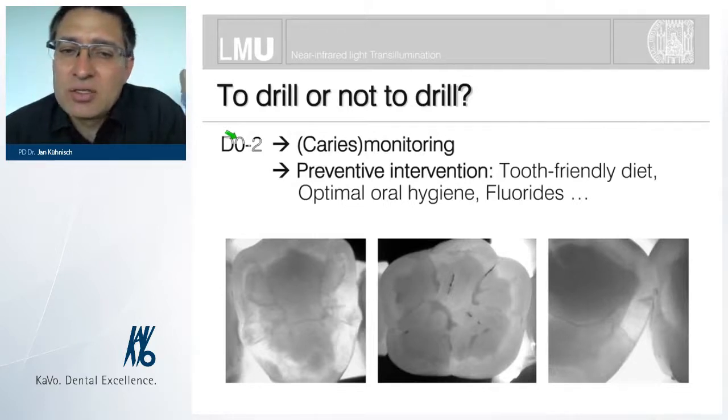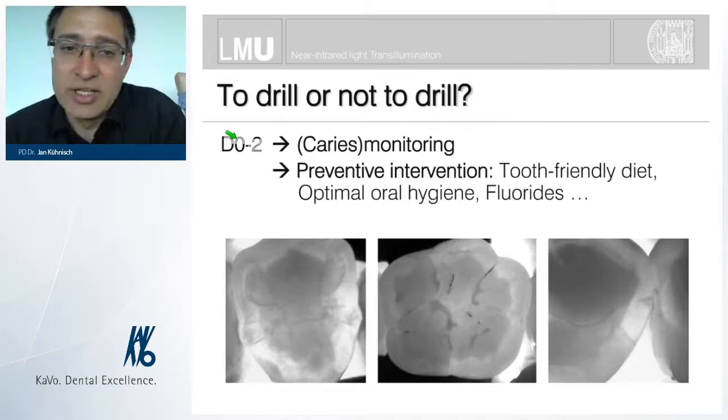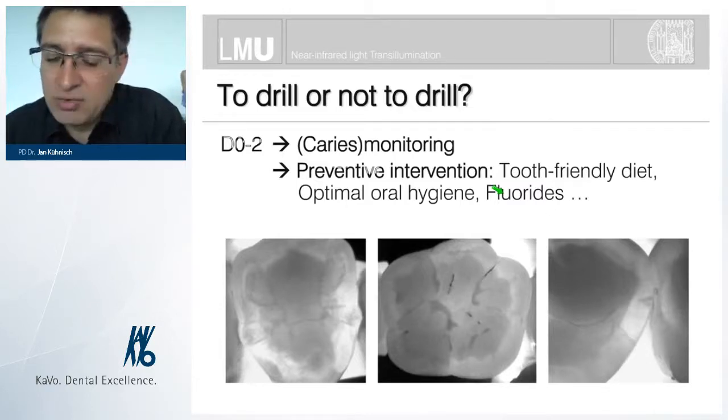But again, it is also a well-known understanding of our profession that we should introduce all of our patients to a tooth-friendly diet, to optimize their daily oral hygiene, to use fluoride products, to prevent the onset of any further caries lesions. And if we are looking at stages D1 and D2, it means that we are also able to use powerful preventive technologies to arrest these caries lesions.